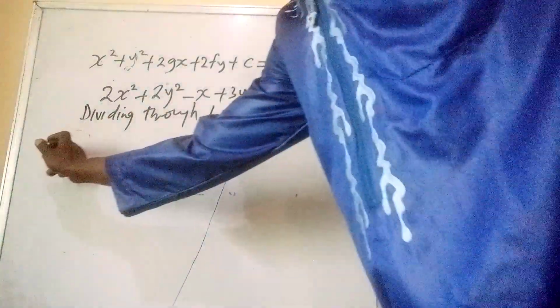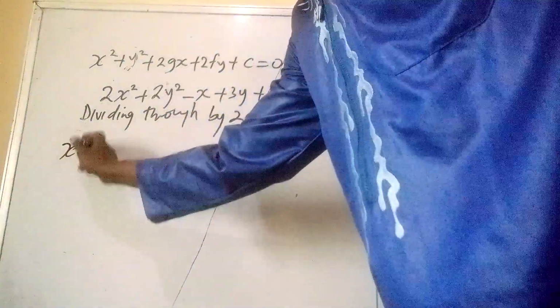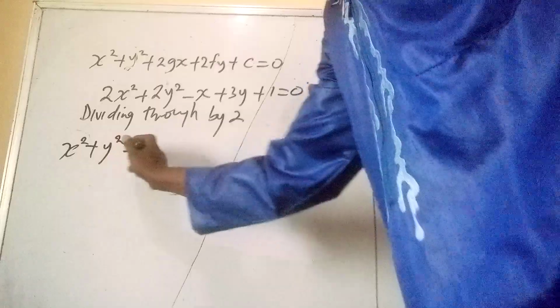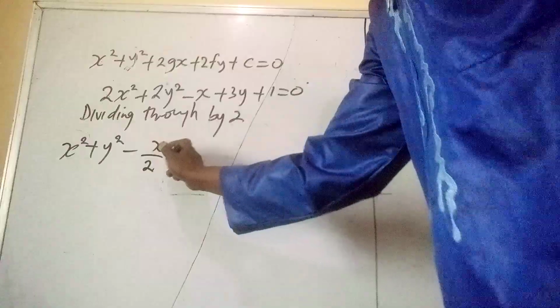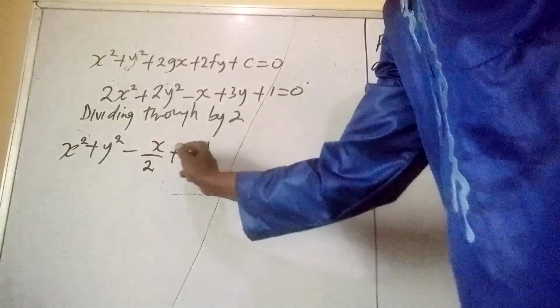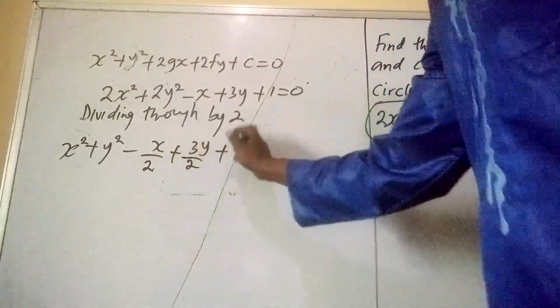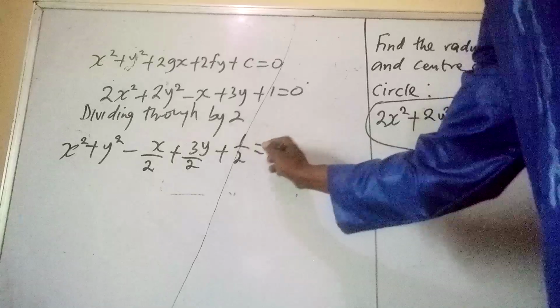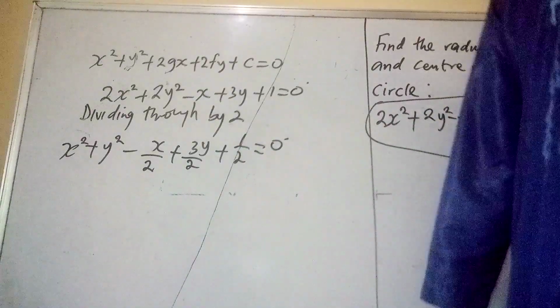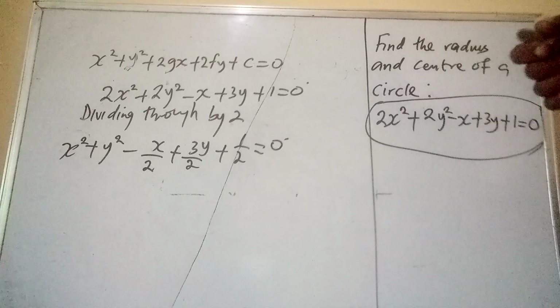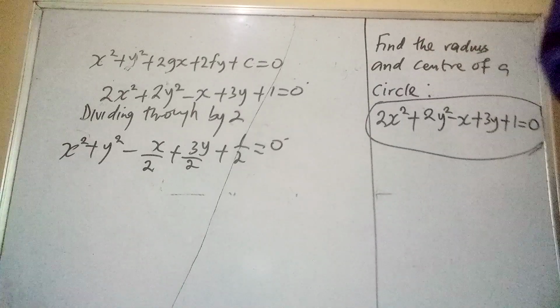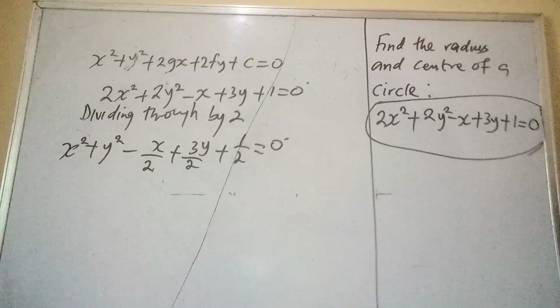We are going to have x squared plus y squared minus x over 2 plus 3y over 2 plus 1 over 2 equals 0, because 0 over 2 is 0. Alright. Having done this, what next do we do?